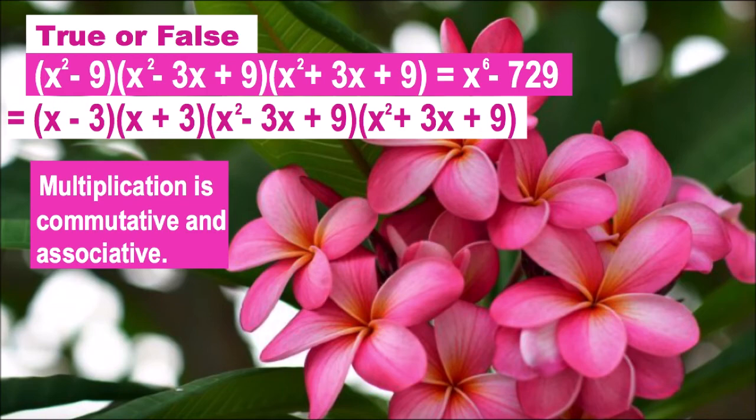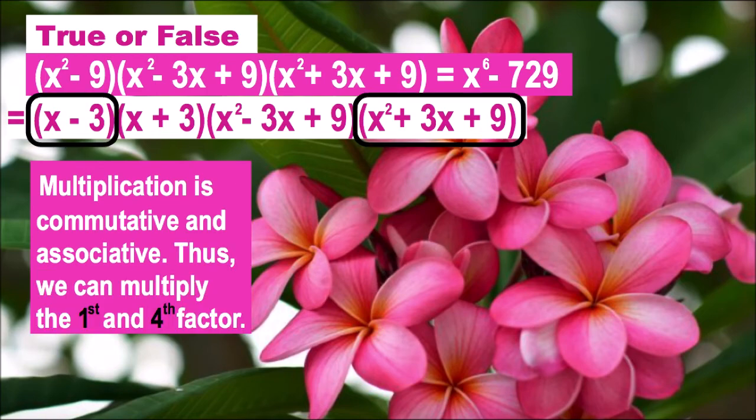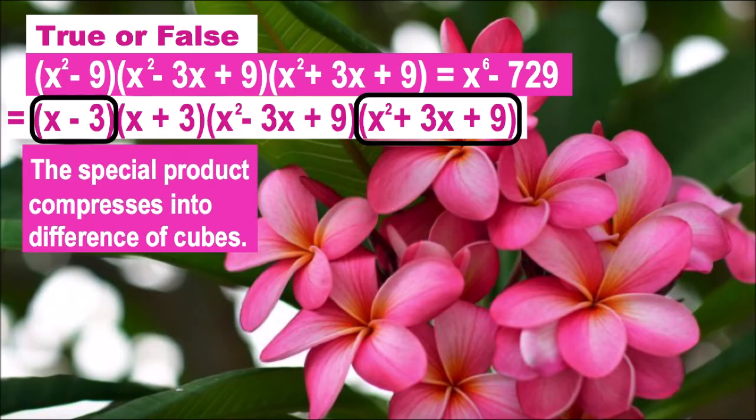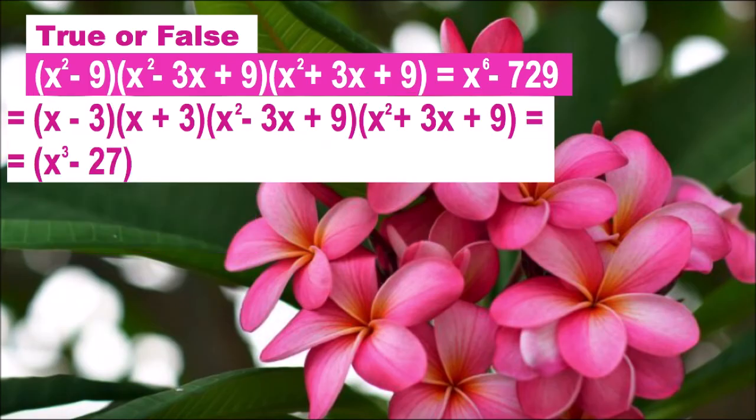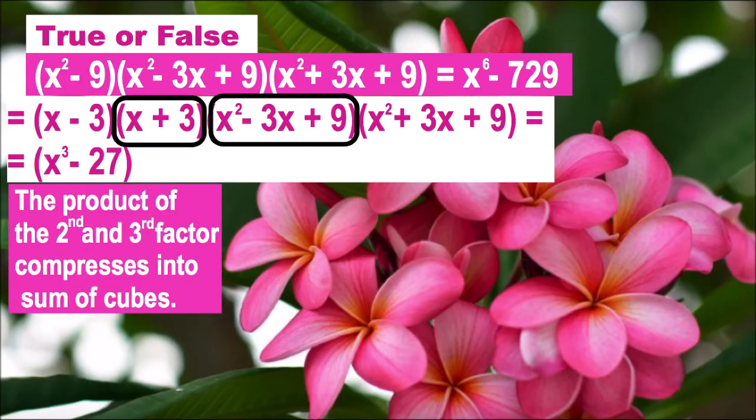Multiplication is commutative and associative. Thus, we can multiply the first and fourth factors. The special product that we've selected compresses into the difference of cubes. So those two are equal to x cubed minus 27.